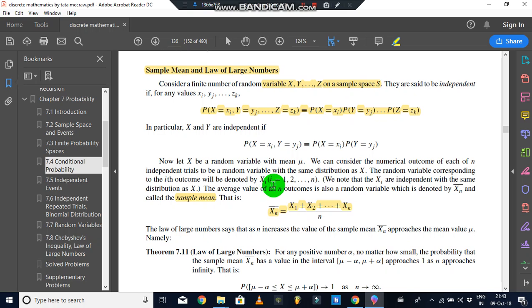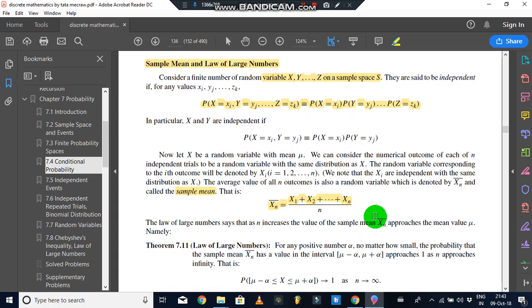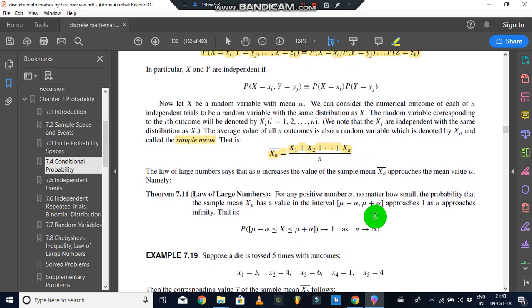The sum for i equal to 1 to n of x i, divided by n. What is n? It is the number of random values given in your problem. So this is the formula, and this is the approach to crack your law of large numbers problems.